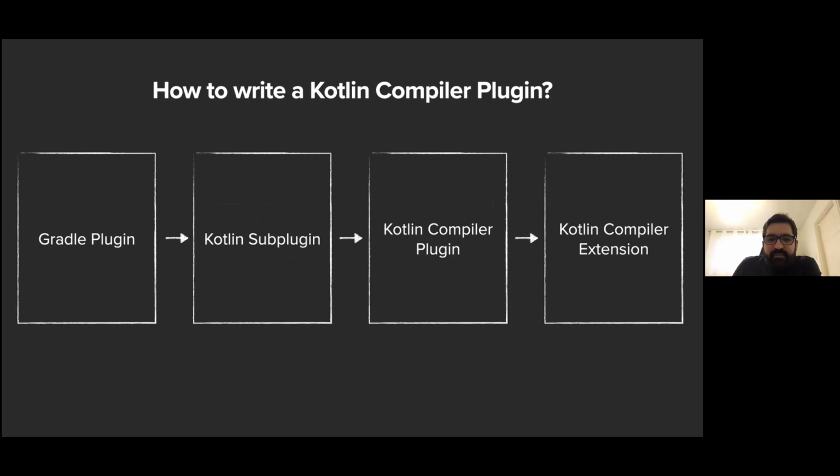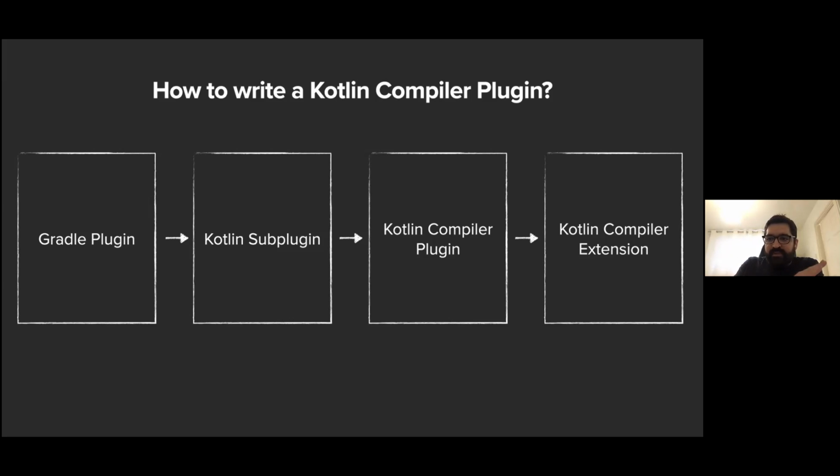I'm going to talk very briefly about what the stages usually look like that you have to go through in order to write a Kotlin compiler plugin. Please notice that this is something that is very, very well explained in Kevin's video.